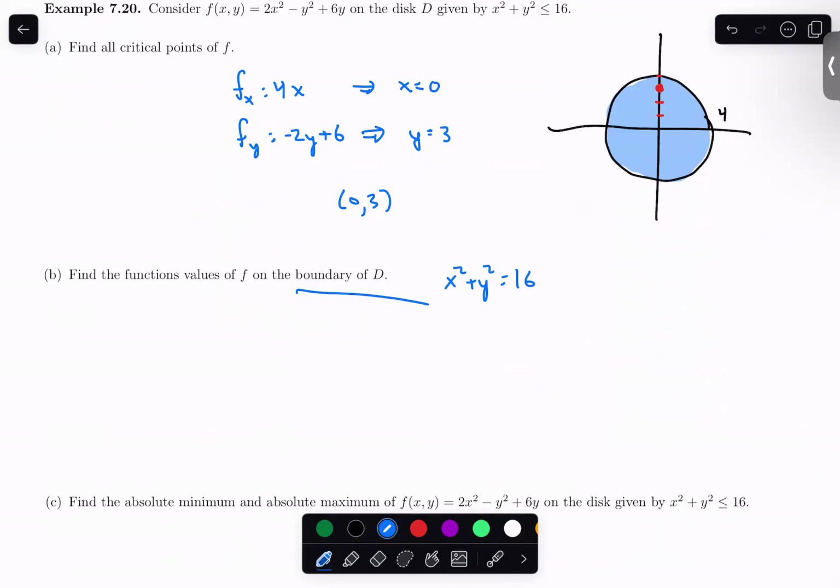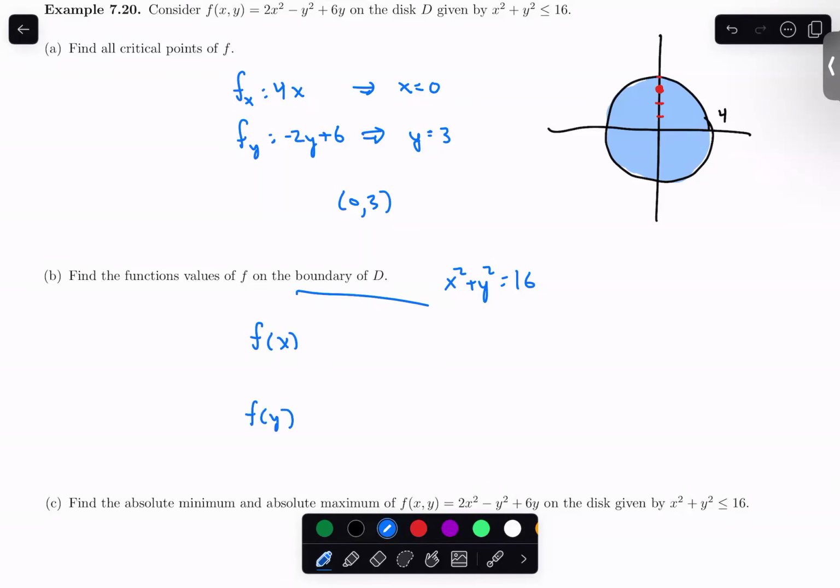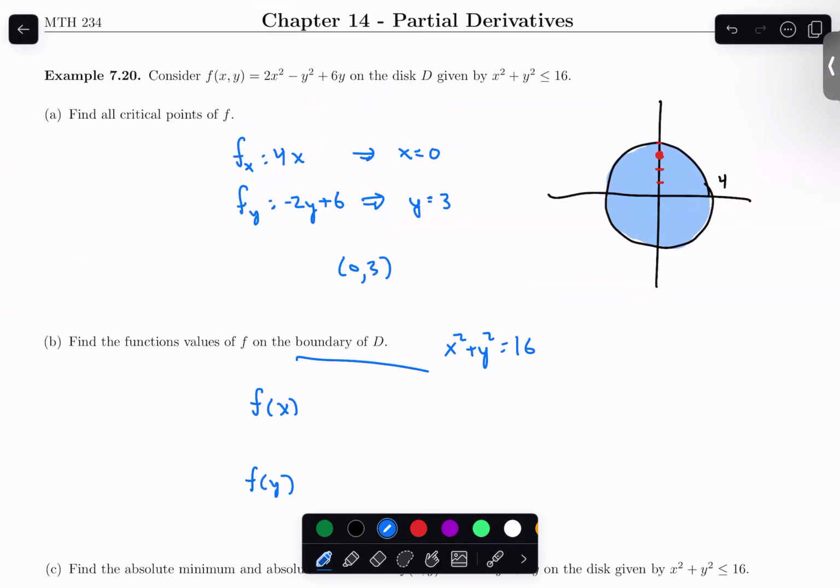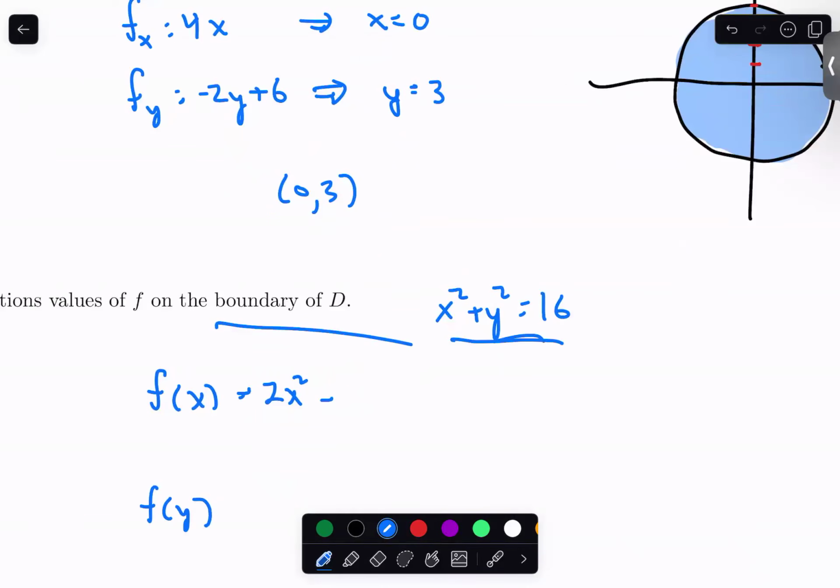Now we have to figure out how to get my function equation either all in terms of x's or all in terms of y's. That's my end goal, because then I'll have a single variable function that I can take the derivative of. If I was to try to get this all in x's, I would have 2x squared minus y squared, and on the boundary, I do know that y squared is equal to 16 minus x squared.